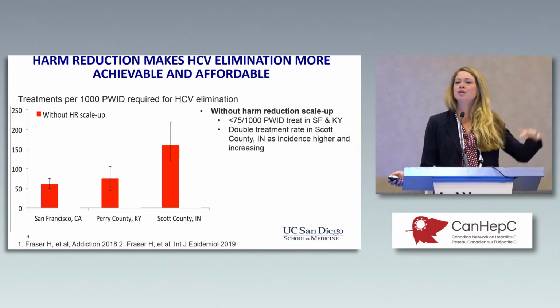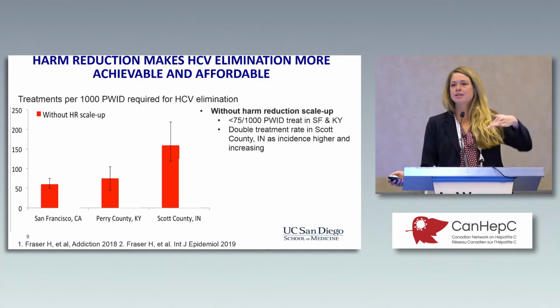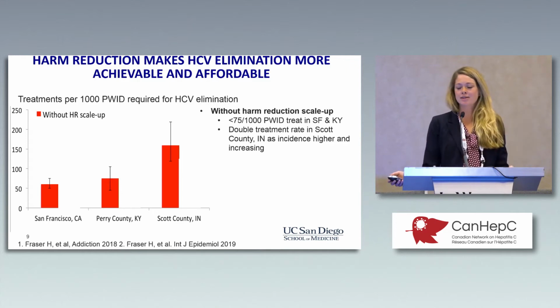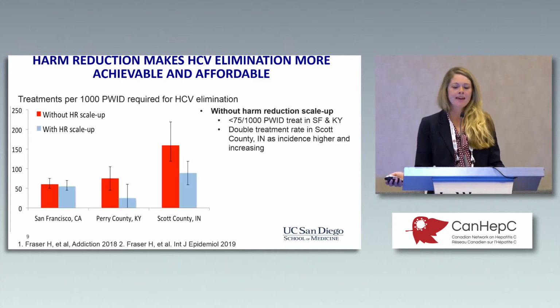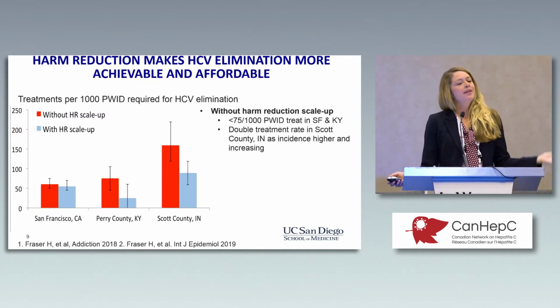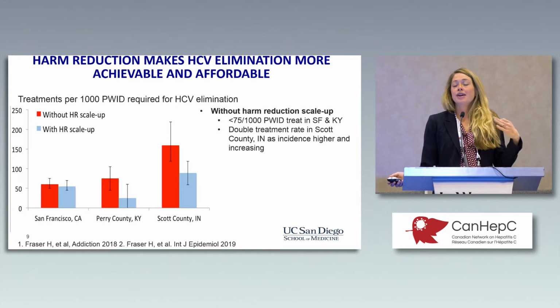So because of the emerging and growing epidemics, we would need more treatment in order to reduce incidence and drive incidence and prevalence down. But importantly, when we combine harm reduction scale-up with treatment, then the effects of harm reduction in terms of reducing hepatitis C transmission mean that we need fewer treatments in order to achieve our elimination goals.